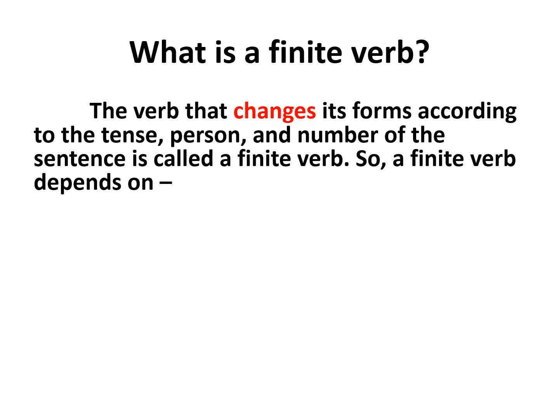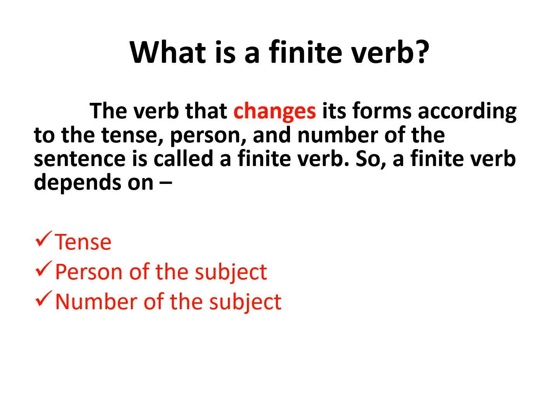So, from this definition, we understand that a finite verb depends on tense, person of the subject, and number of the subject. Depending on tense, person of the subject, and number of the subject, finite verb changes its forms.